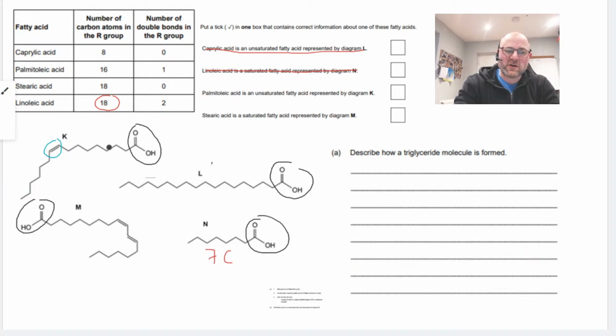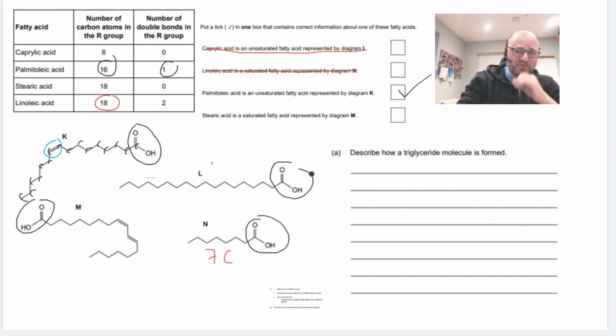These are known as skeletal formulae, and there's a carbon at the end of each line. So that's 5, 6, 7, 8, 9, 10, 11, 12, 13, 14, 15, and then there'll be 16. So there's 16 carbons in K. That is right, and there's 1 double bond. So that was the answer for this one. That was quite a difficult question.